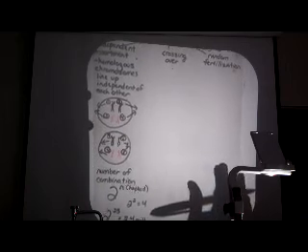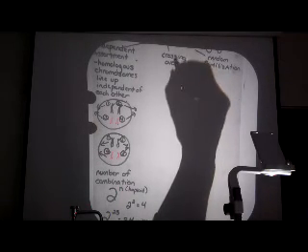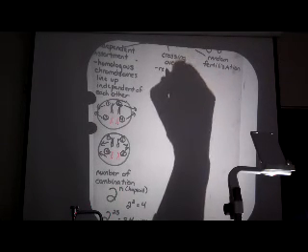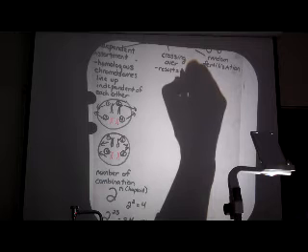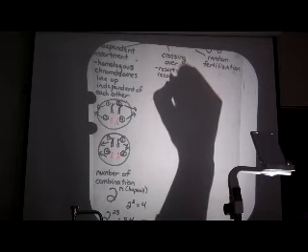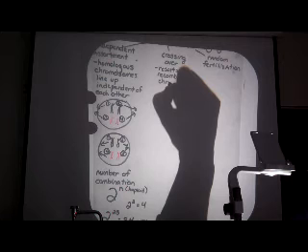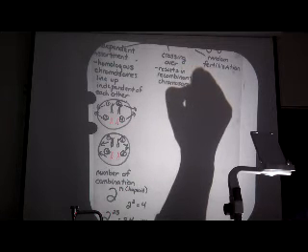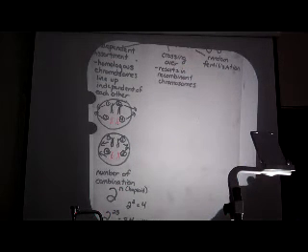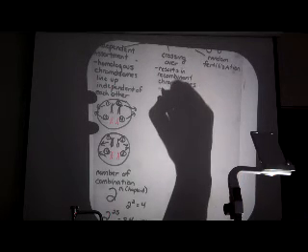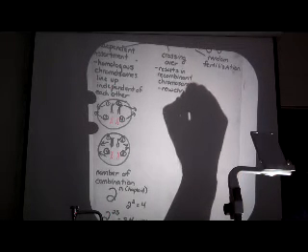Okay. Crossing over. We actually already talked about this, but I want to introduce a new word. Results in recombinant chromosomes. And that's just a fancy word for, as a result of crossing over, you're making new chromosomes.